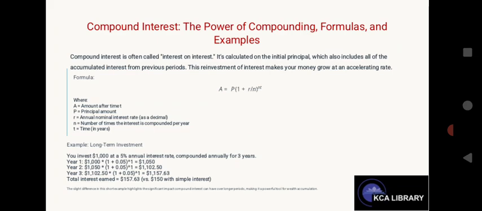So $1,050 starts year 2, and at the end of year 2, you have $1,102.50. Okay, so that becomes the principal for year 3. And when you do it finally, the total interest earned will be $157.63. You can see it as against $150 if it were on simple interest.